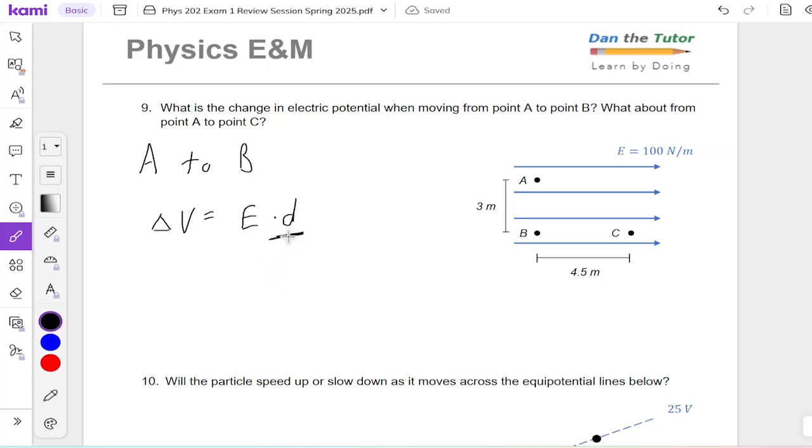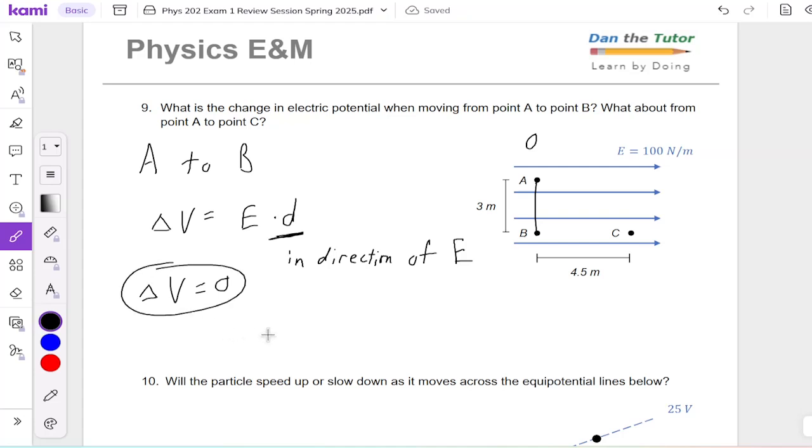Remember, this distance is in the direction of E. What does that mean? It means your distance is 0 meters. Yep, your distance is 0 meters. Because it has to be going that way in order to count for this equation. So in other words, from A to B, delta V is 0, and we're done.